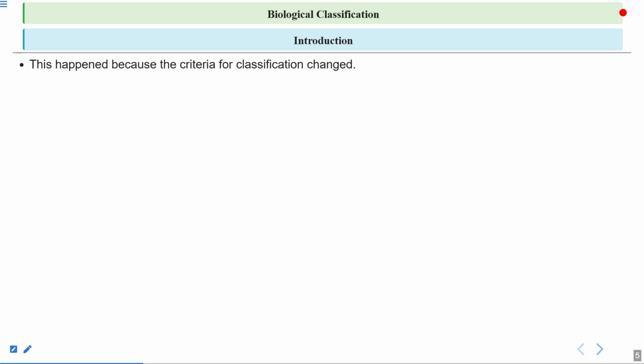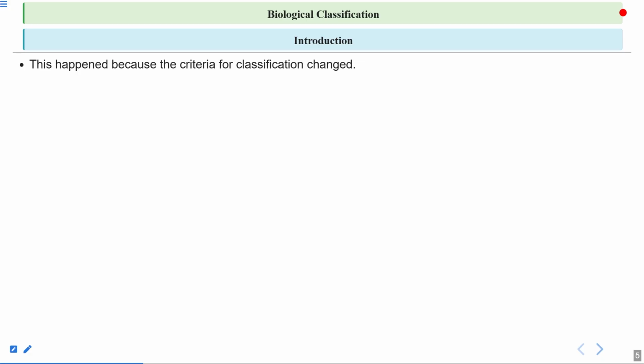Now there was a modification in the classification system. Earlier the classification system was based on certain morphological characteristics, meaning external characteristics. Later on, other features were also included, like cell wall structure, mode of nutrition, mode of reproduction, and evolutionary relationship.